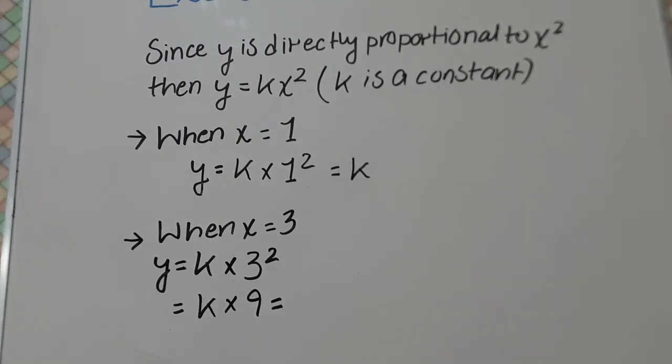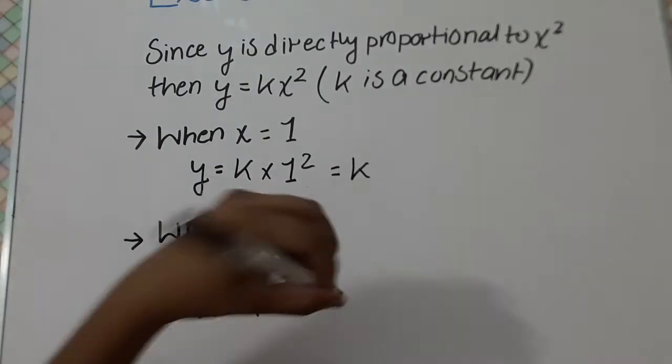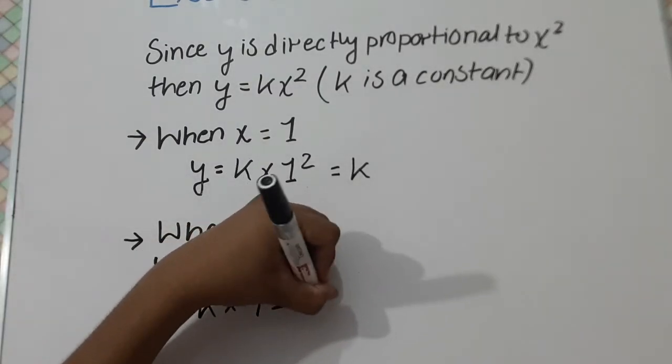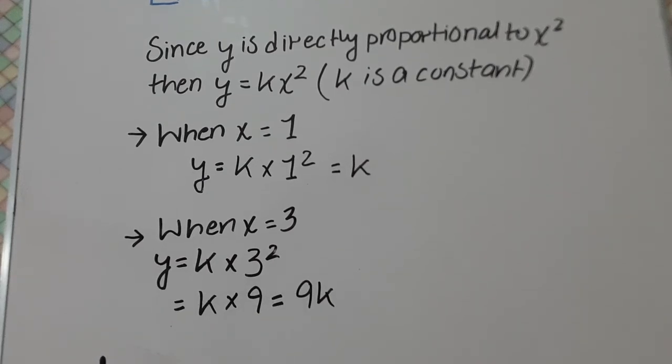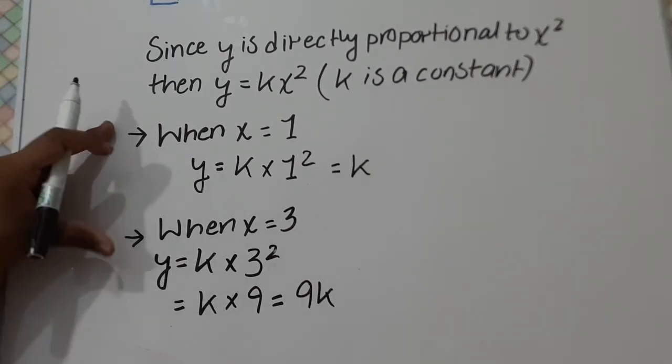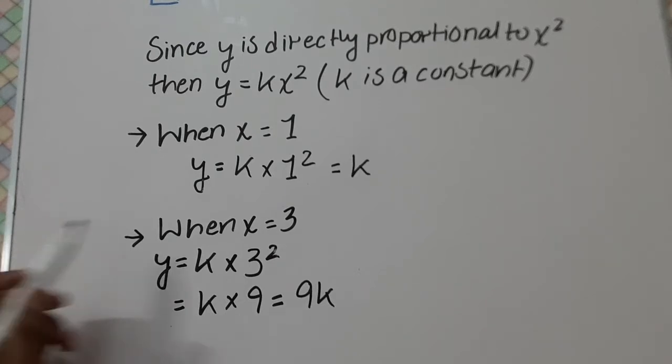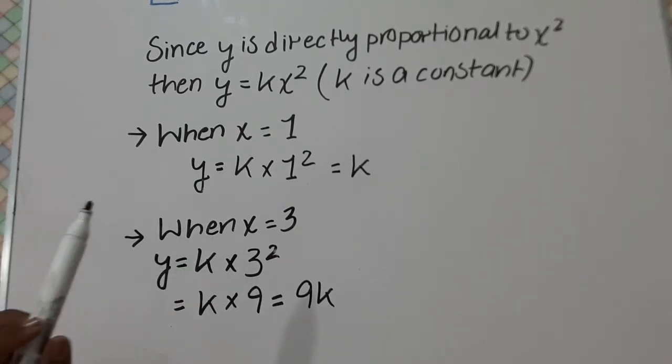In algebra, when we multiply a constant and a variable, it would be 9k. Is that fair enough? Okay, so it would be 9k. They have asked two things, when x is 1 and when x is 3. So we have found out the values. First value is k and then it's 9k.